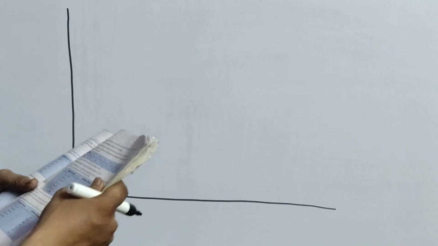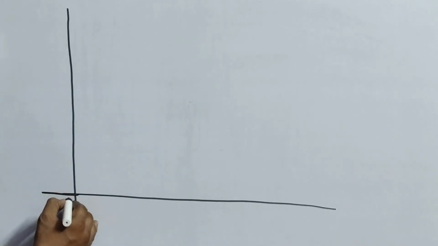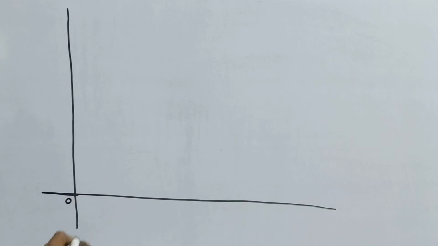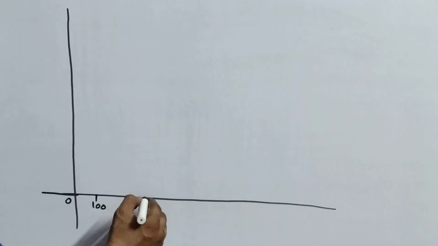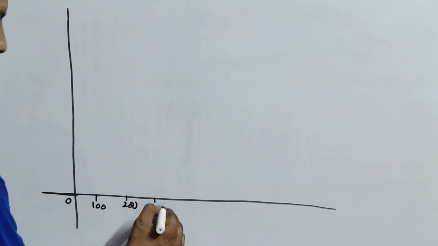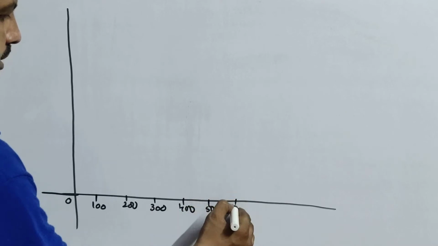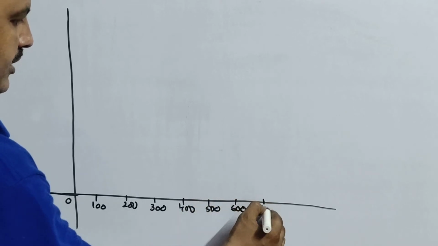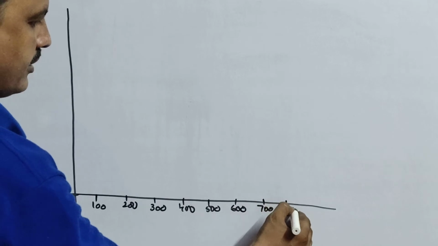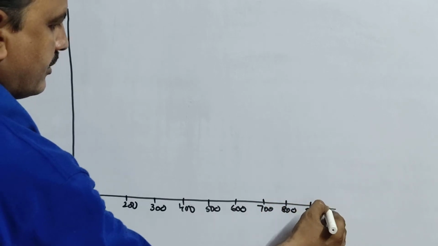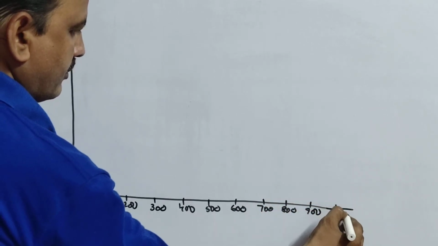If you clearly observe 300 to 400, we cannot start directly with 300. So 100, 200, 300, 400, 500, 600, 700, 800, 900, 1000.